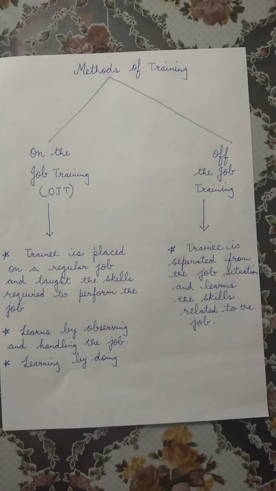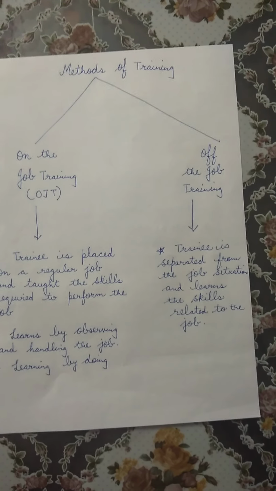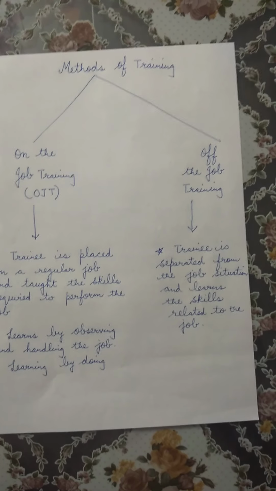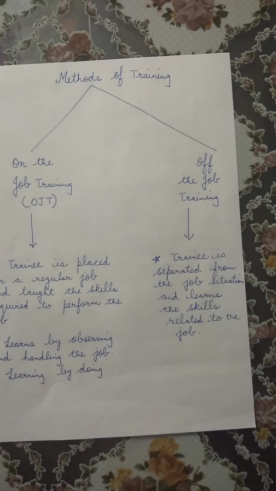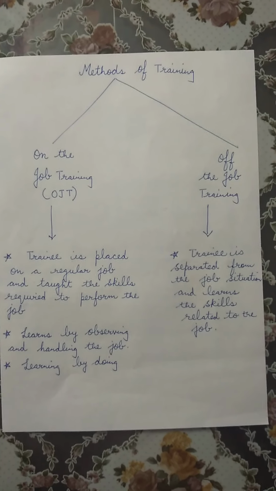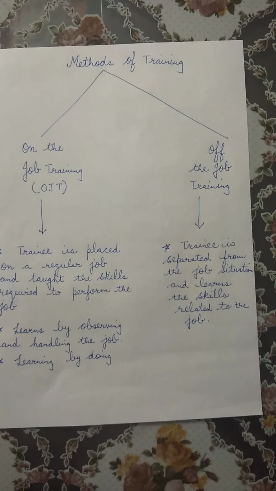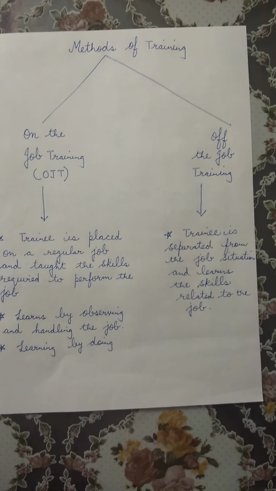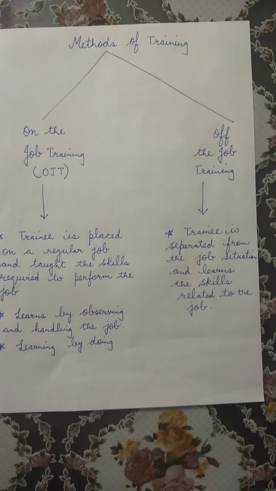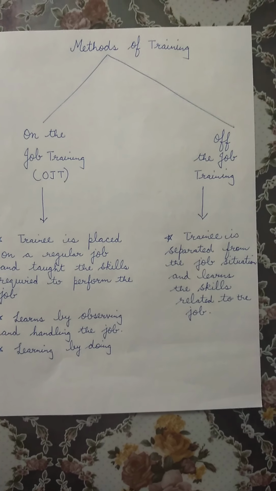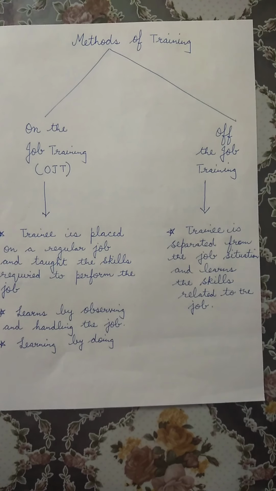Secondly, it is very inexpensive. Why it is inexpensive, children? Because there need not be any hiring of a special kind of trainer. Only the supervisor, who is the boss of the trainee, can teach the job to the trainee by helping him out, by making him do the job by learning by doing.